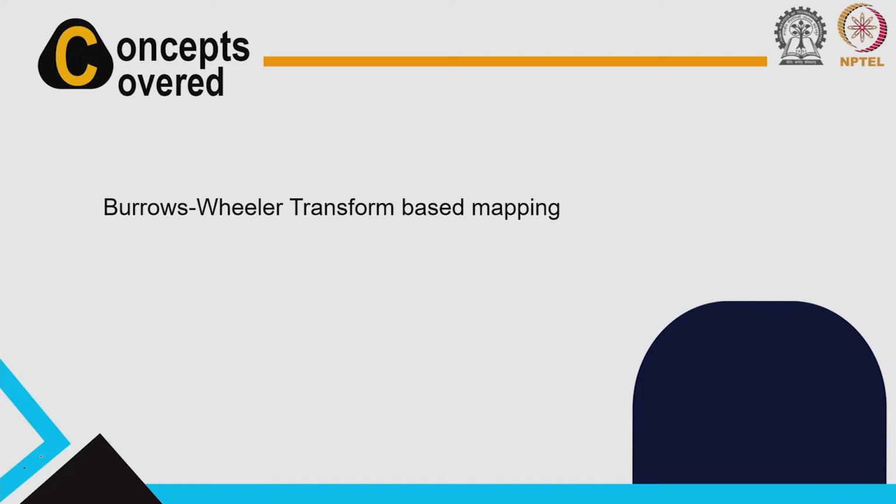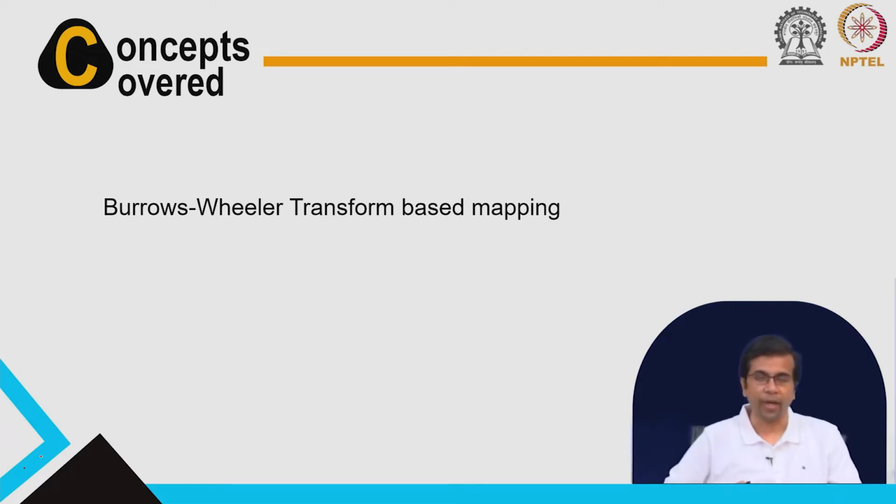Burrows-Wheeler transform is a specific transform of the string or the reference sequence, and we use that transform to develop mapping algorithms and map reads. This is what we will be discussing in this class, Burrows-Wheeler transform based mapping.